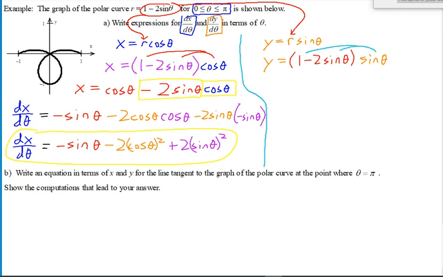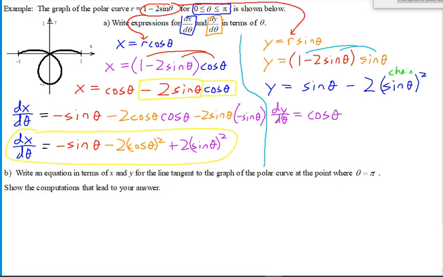So we get y equals sine theta minus 2 times sine theta would give you sine theta squared. And now we can find dy d theta by finding the derivative. Derivative of sine is cosine. And then here we'll just use the chain rule, since we have a function inside.